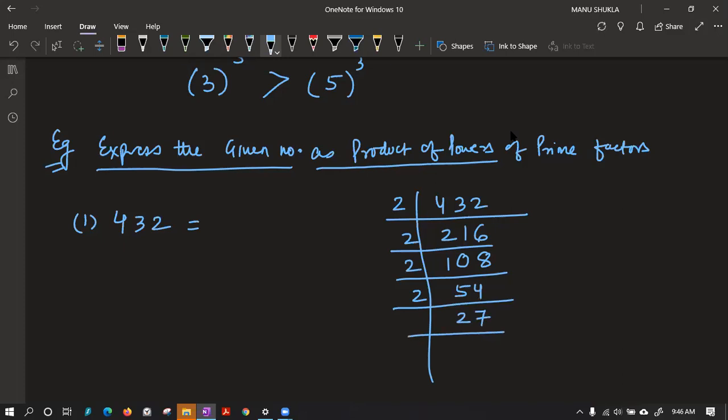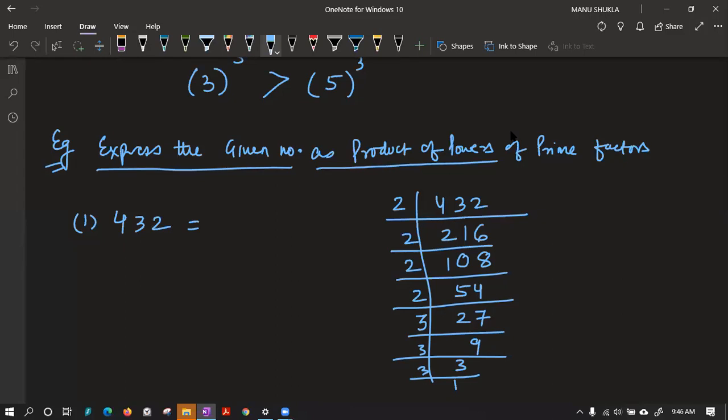Class, can we further solve by 2? Please tell. Mokshita? So now we have to go for the next prime factor. So 2 is not possible, so we'll go for the next factor 3. 3 9s are 27, 3 3s are 9, and 3 1s are 3.